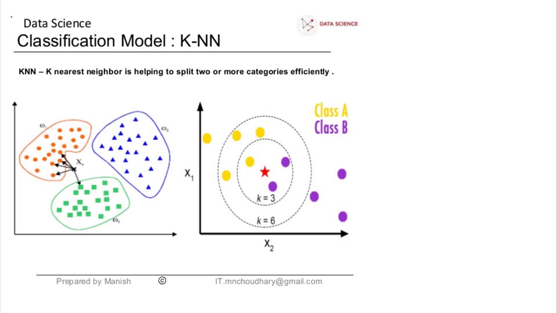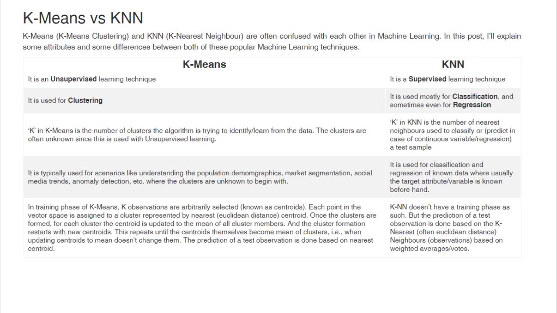K nearest neighbor helps to split 2 or more categorical values, class A, class B. K-means is unsupervised learning, used for clustering. The k in k-means is the number of clusters, typically used in scenarios like understanding population demographics, market segmentation, social media trends, and anomaly detection where clusters are unknown.